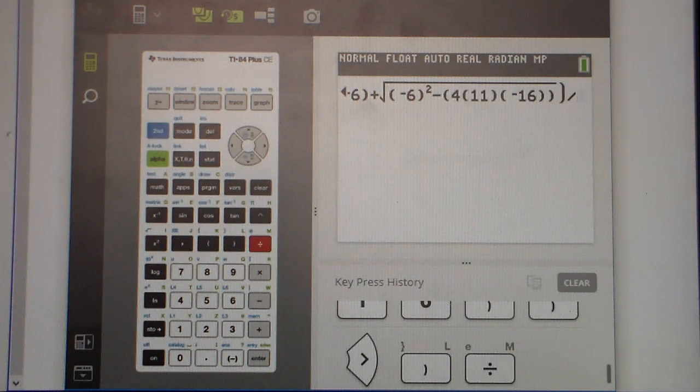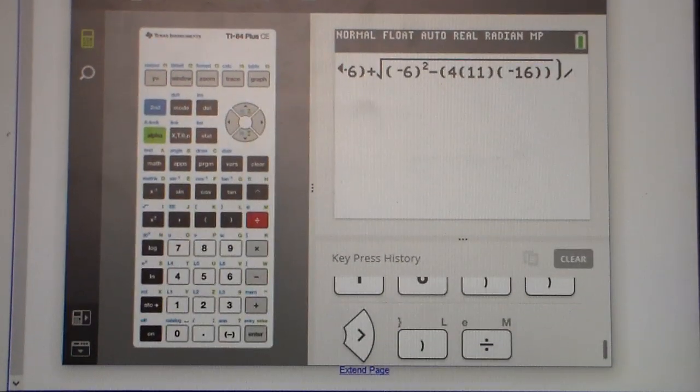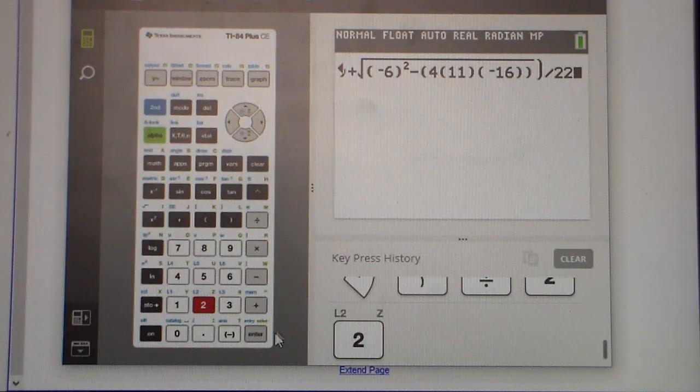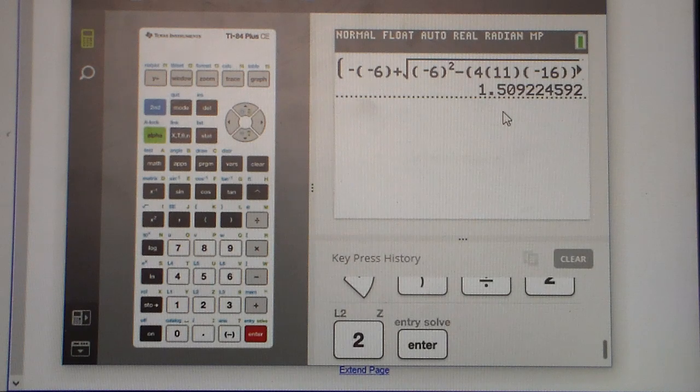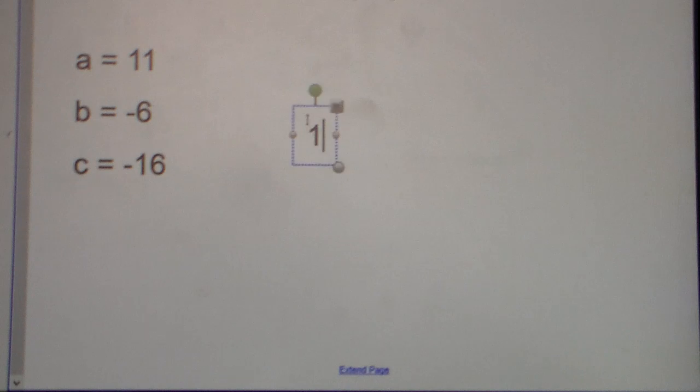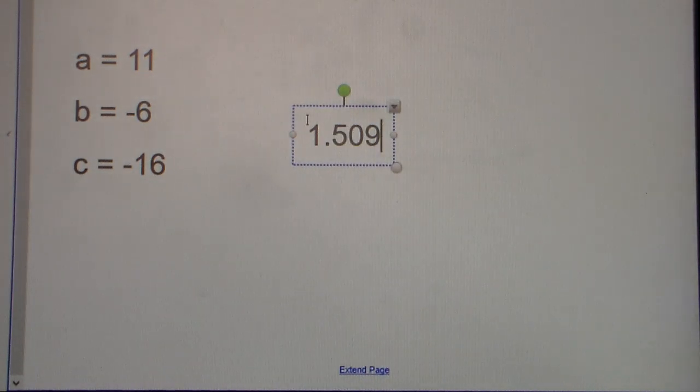And divide by 2 times 11, which is 22. So I put in 22. And we get an answer of 1.509. So our first answer is 1.509.